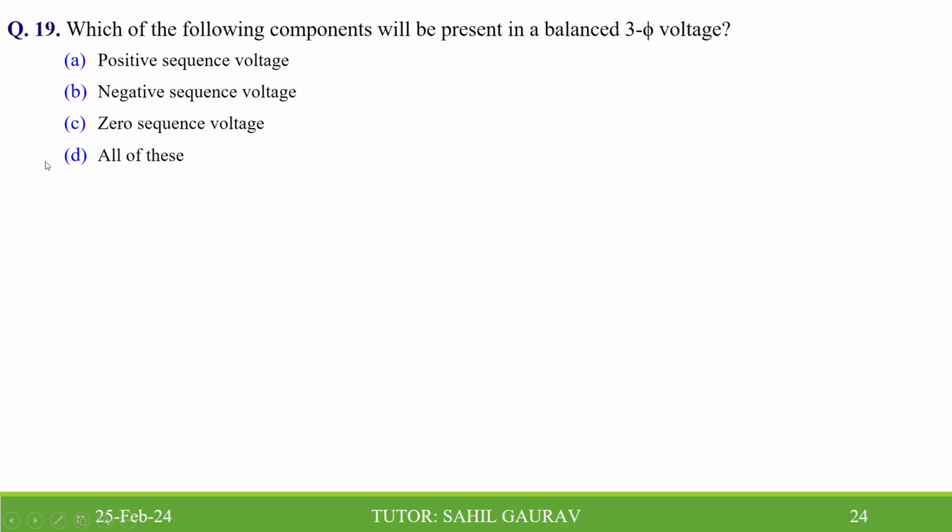Now moving to the next problem. Which of the following components will be present in balanced three phase voltage? Positive sequence voltage, negative sequence voltage, zero sequence voltage, all of these. Anyone? Any idea?